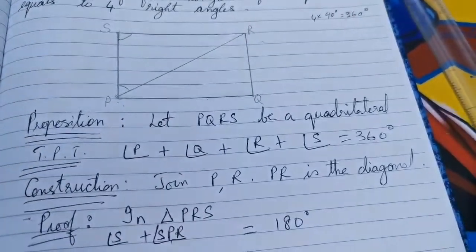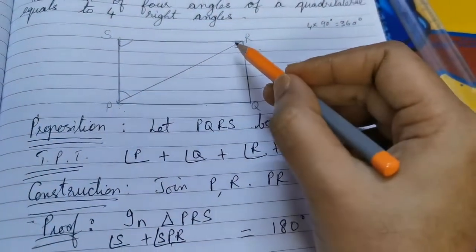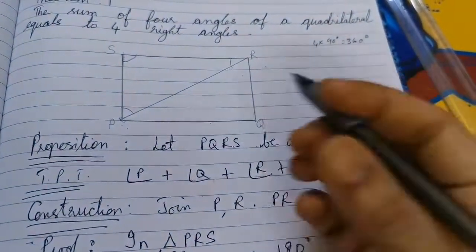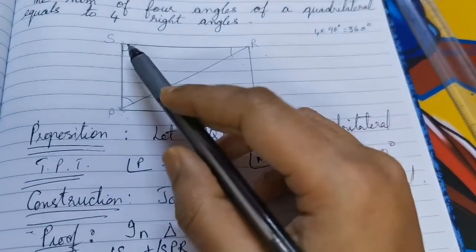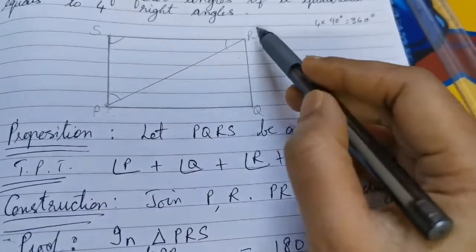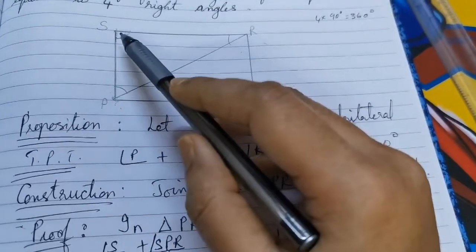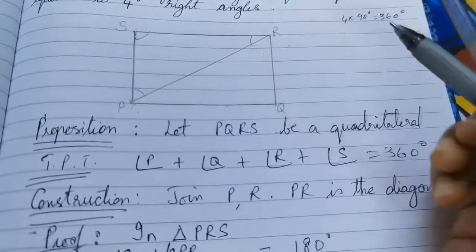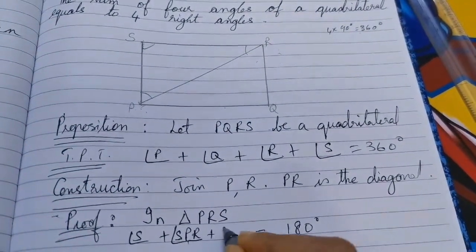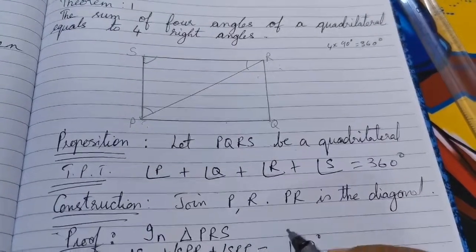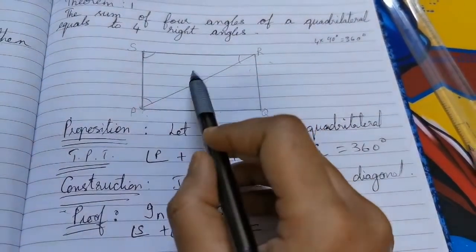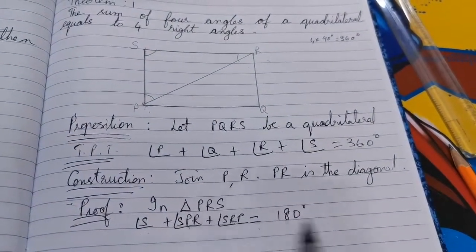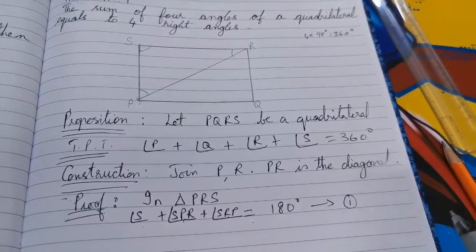The third angle: do I have the entire angle R? No, I have only a part. What is that part called? I can call it SRP. Remember, R should be in the middle. I can call it either SRP or PRS. Now the sum of these three angles is 180 degrees because these three are the angles of the triangle. Let me take this as the first equation.